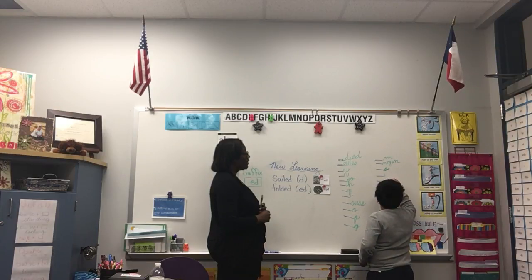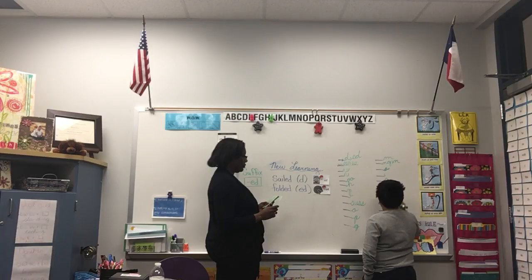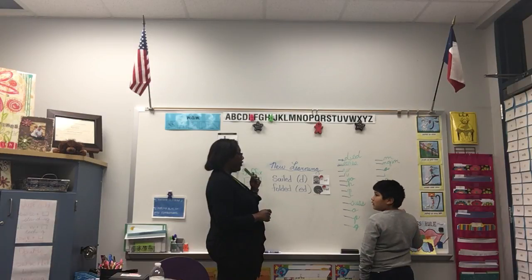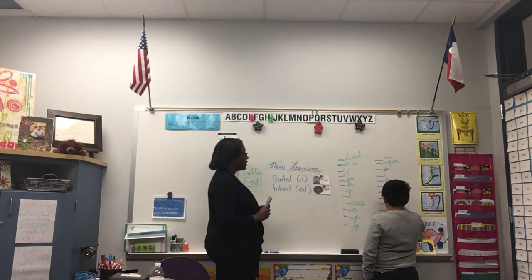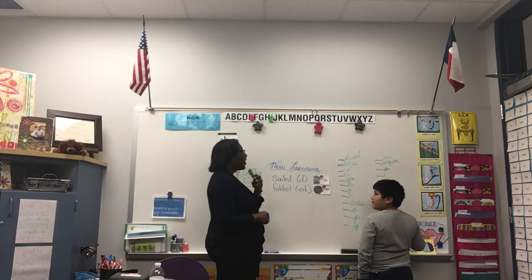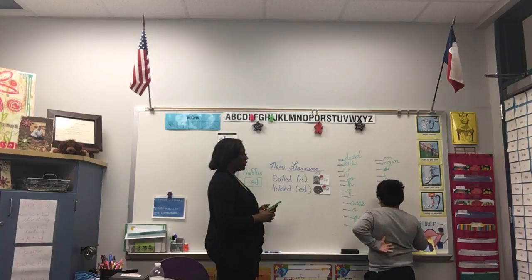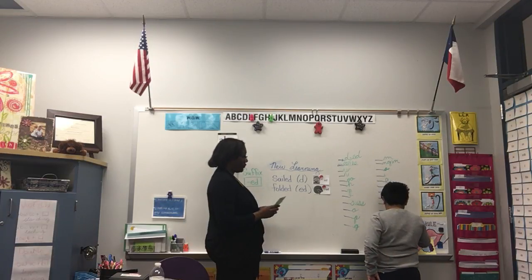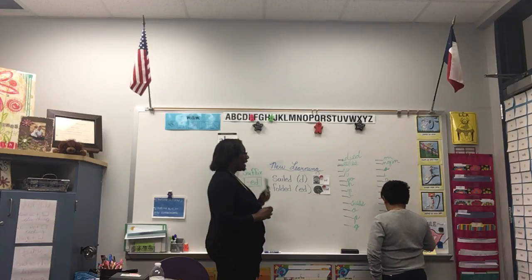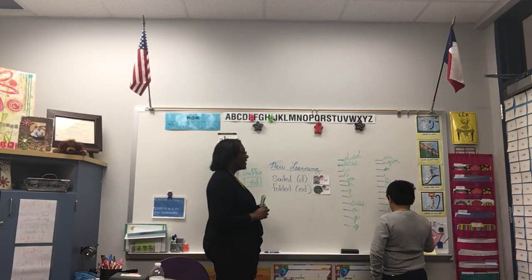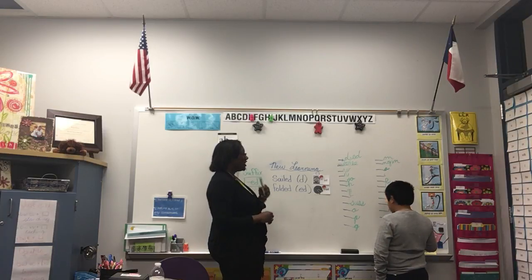Okay. Swing up, loop left. Go straight down, loop right. Ready? B. R. Digraph T, H, voiced. Ready? Digraph T, H, unvoiced. Y. E. I'm sorry. E. Okay. J.